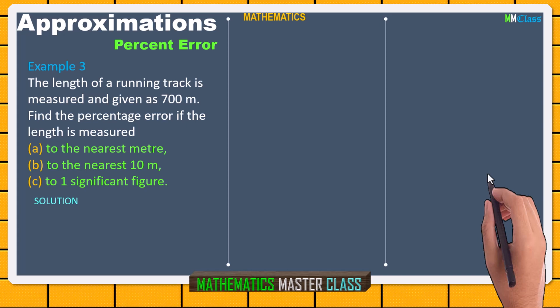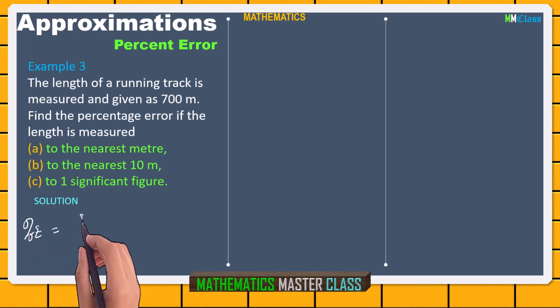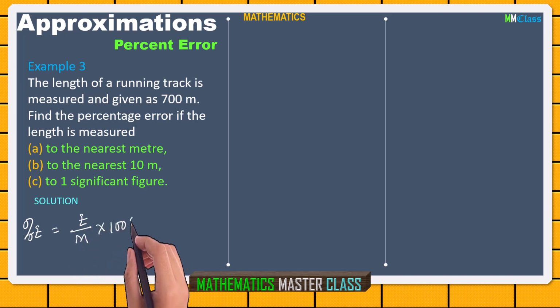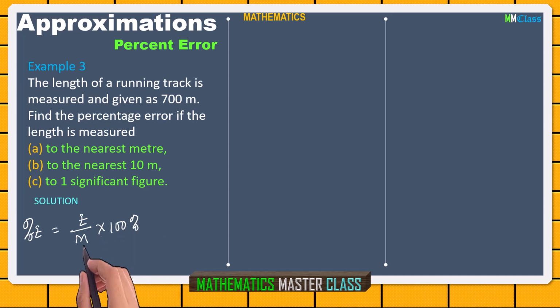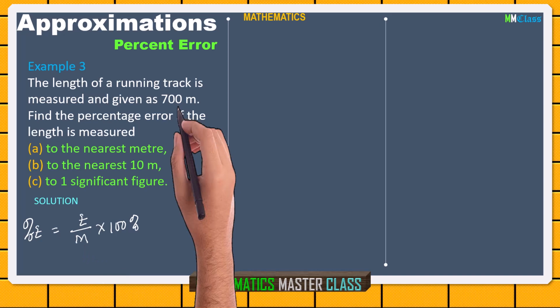So remember one of the formulas we gave as percentage error to be error over measurement times 100%. So this is the formula we are going to use, because this value you are seeing here is not a true value, it is a measured value. So it's going to be our denominator in this formula.